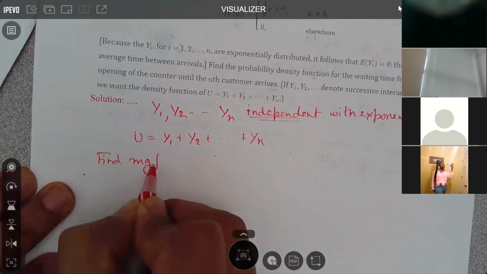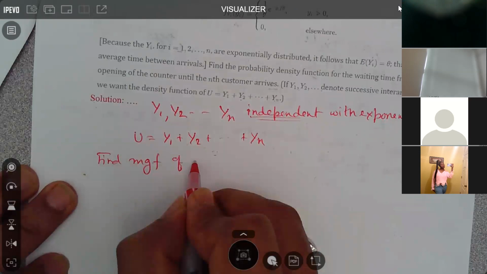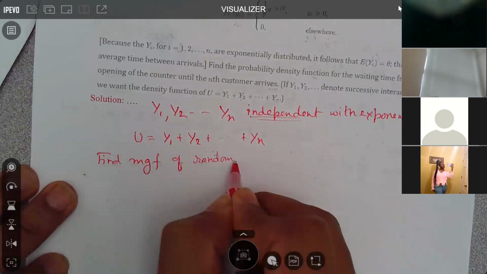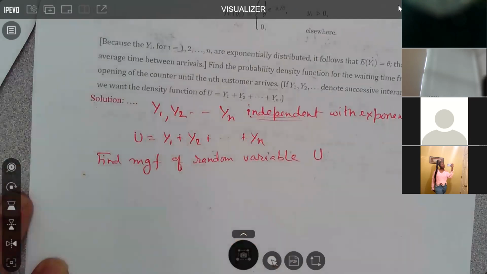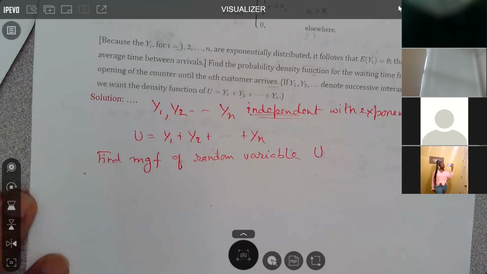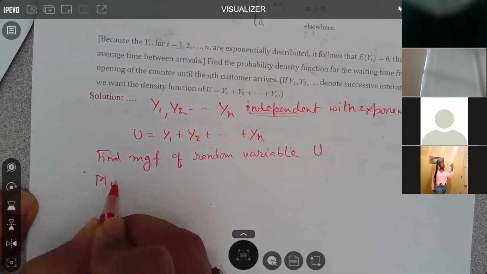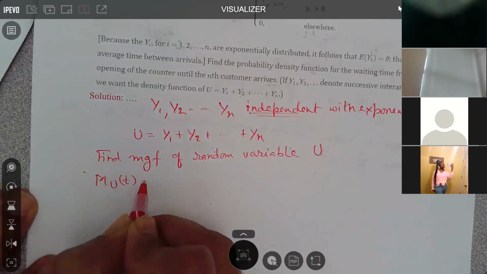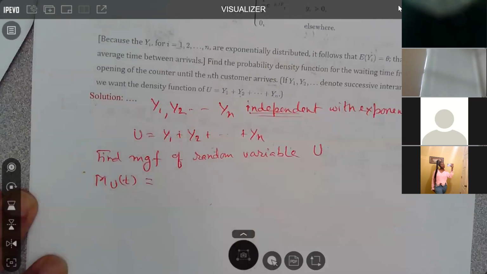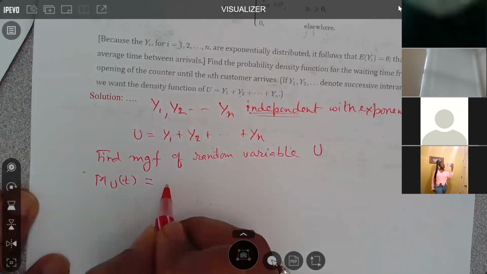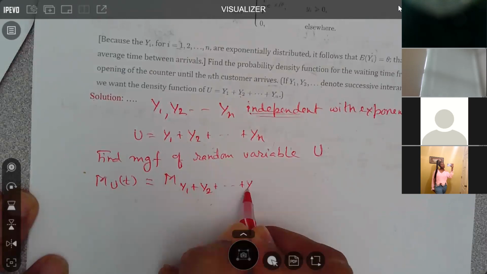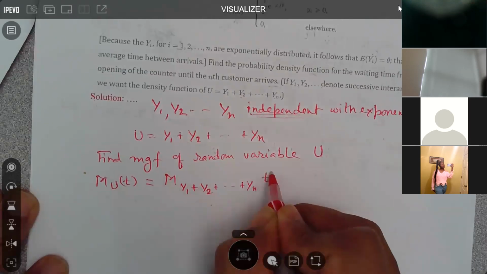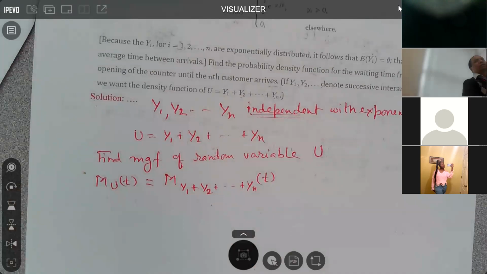So we want to find the moment generating function of this new random variable u. Now we want to find m_u(t), which equals m of y1 plus y2 plus up to yn.